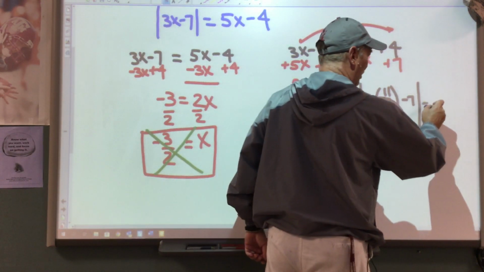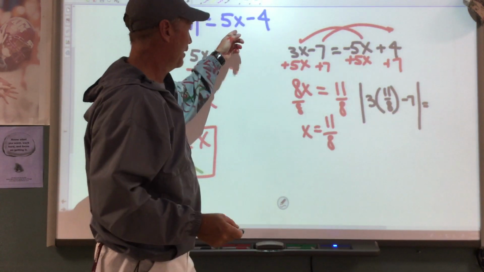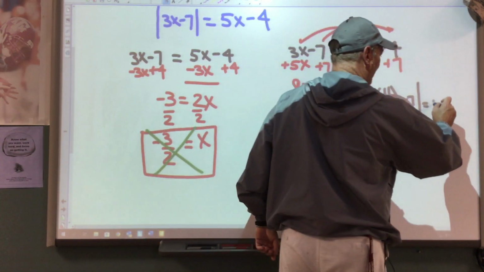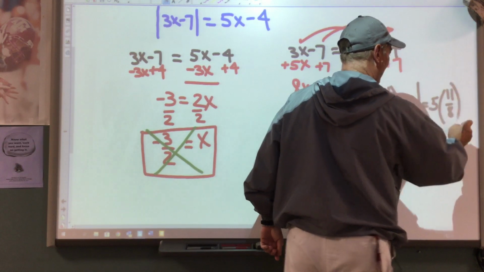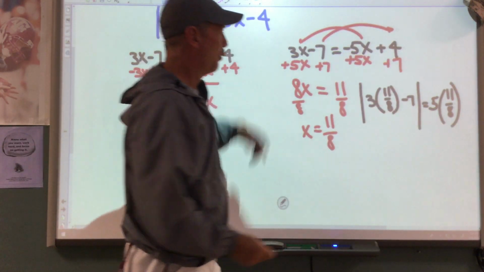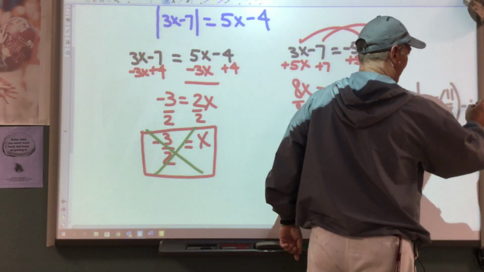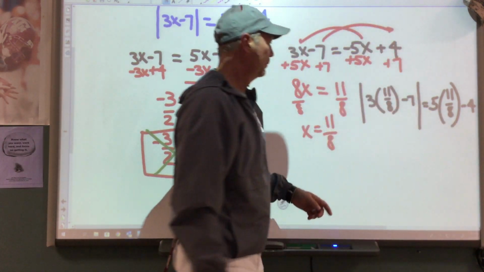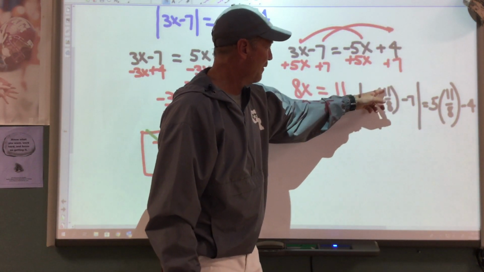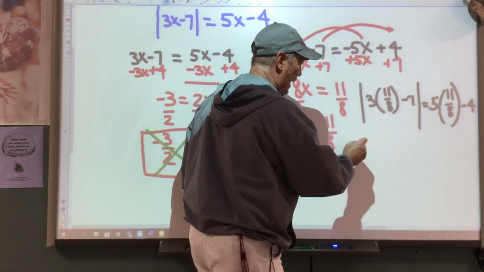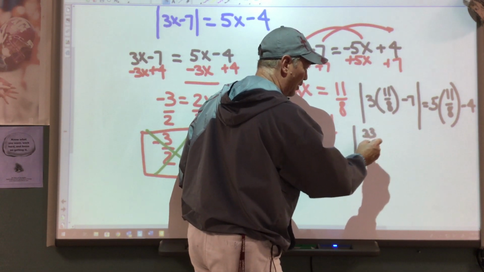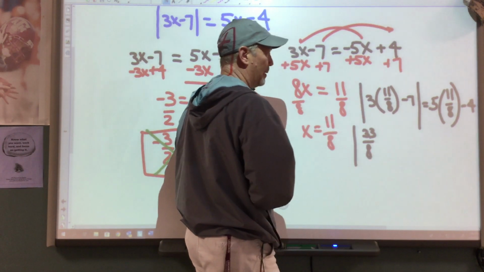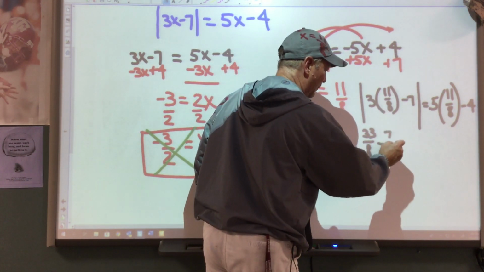Equals 5 times 11 over 8 minus 4. So 3 times 11 is 33. We're still inside the absolute value. 3 times 11 is 33 over 8 minus 7.